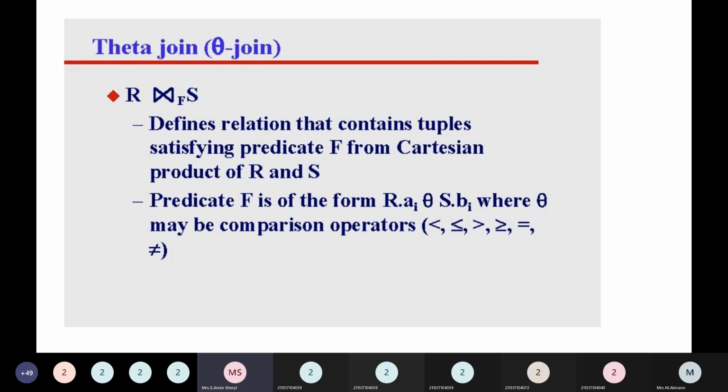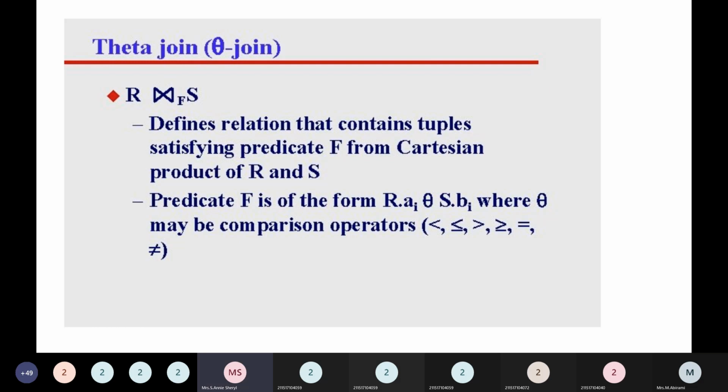R is going to be one entity, or one particular table, and S is going to be another table. R gives the complete table's information, and S gives the other table's information.